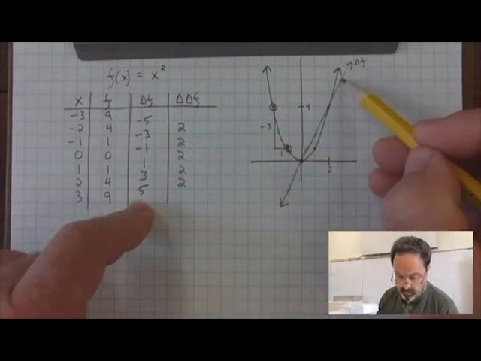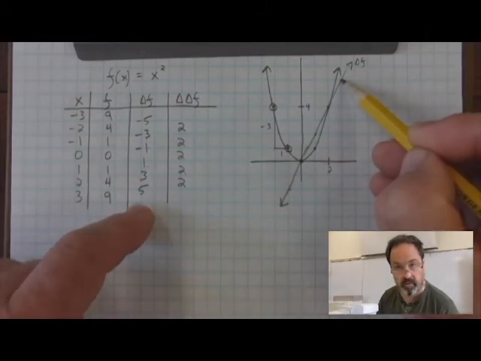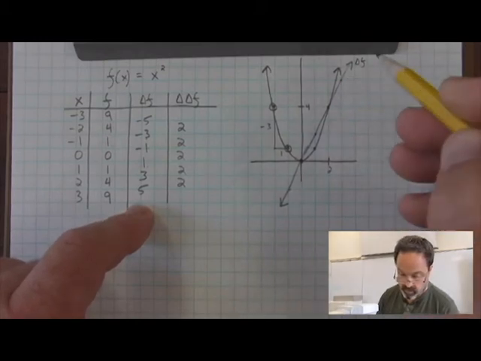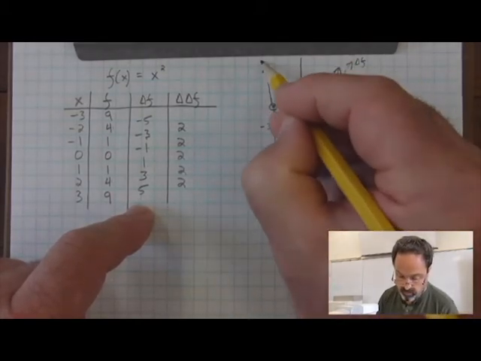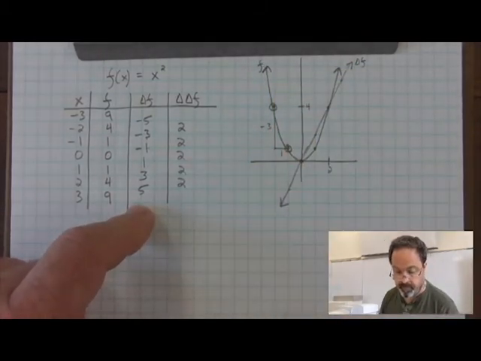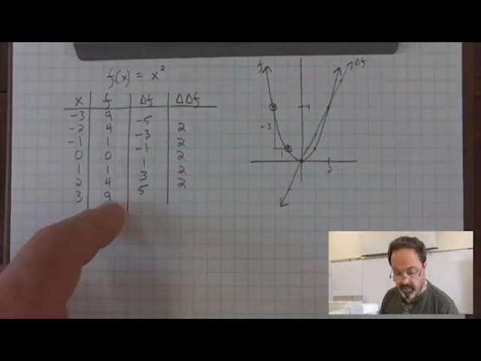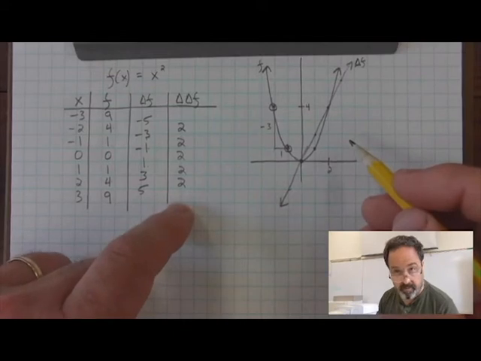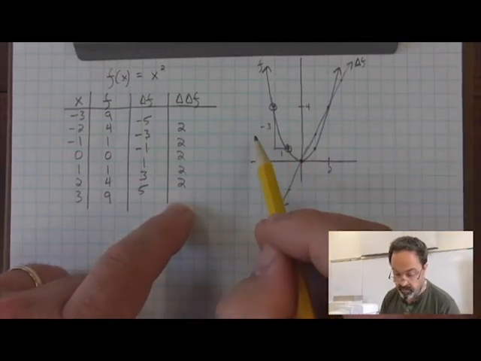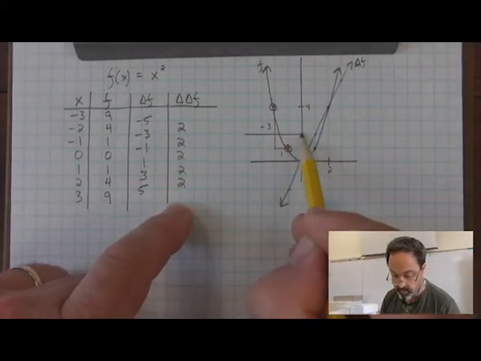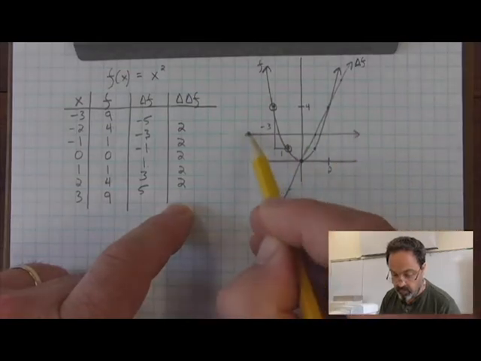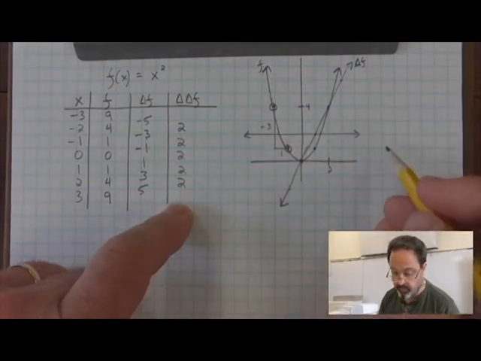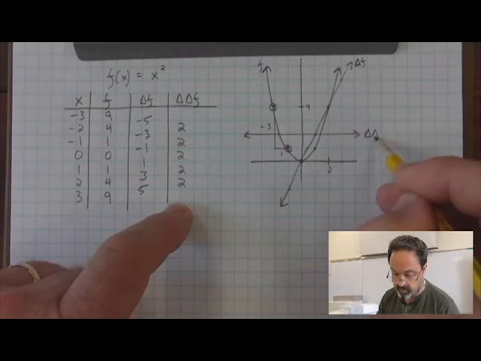And the values of this line are in the table here. This parabola I can label as F. And if I've graphed F and delta F, I can also graph delta delta F, which is going to be the constant function 2. Horizontal line, constant function. I'm going to label that delta delta F.